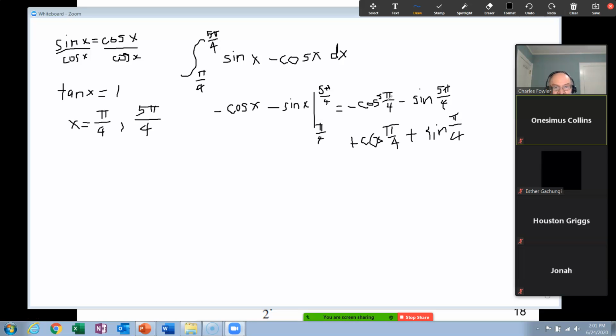And your sine and your cosine at every quarter pi is either plus or minus 1. So that's going to be a minus 1, so it's a minus 1, which would be a 1. Sine in the third quadrant is also negative, and sine of every quarter pi is 1. So there's another 1, so there's a 1 plus 1.